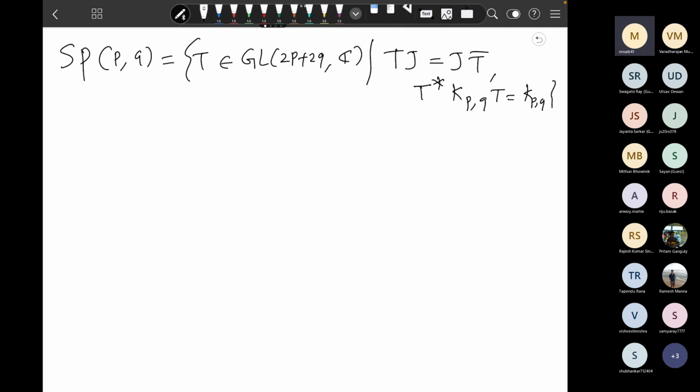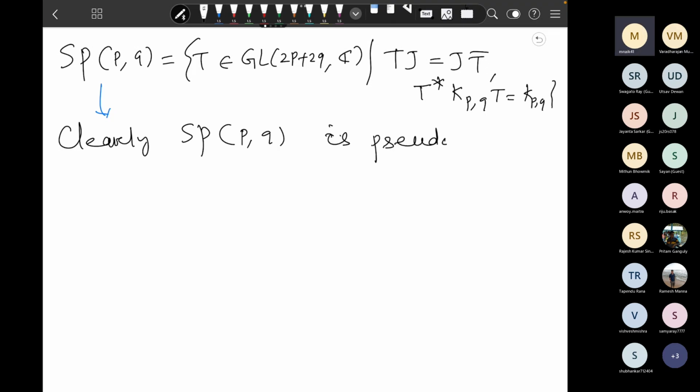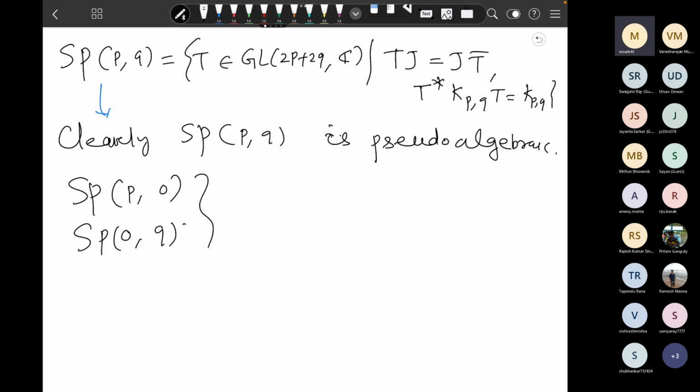So this is clear that clearly SP(P,Q) is pseudo-algebraic. Now SP(P) and SP(Q) are really compact symplectic groups.